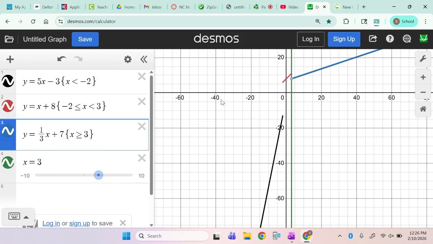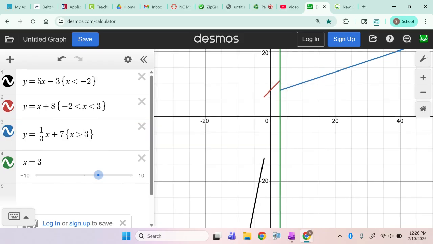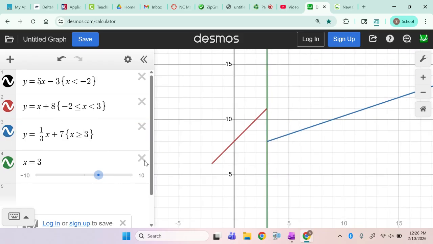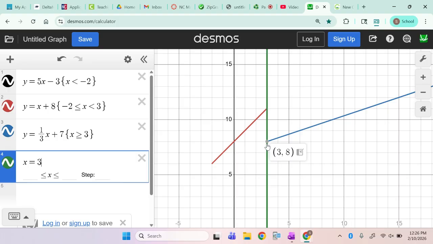If you notice, guys, so if I zoom in real quick on this, and if I click on this graph, even though it's touching both the red and the blue graph, which one is the only one with a dot? The blue. And they did that on purpose because Desmos recognizes that you said equal to on it. All right, and this one is not equal to. So 3, 8.